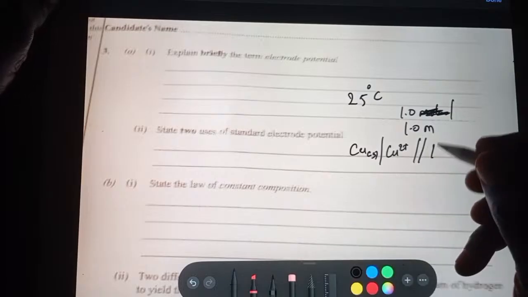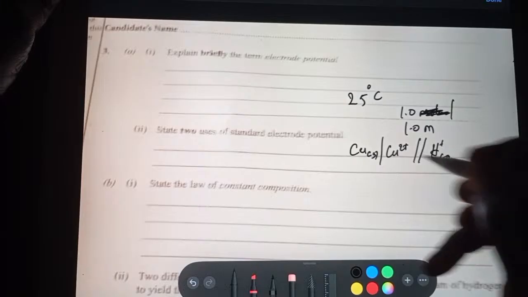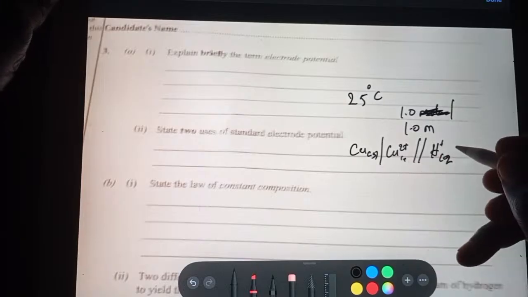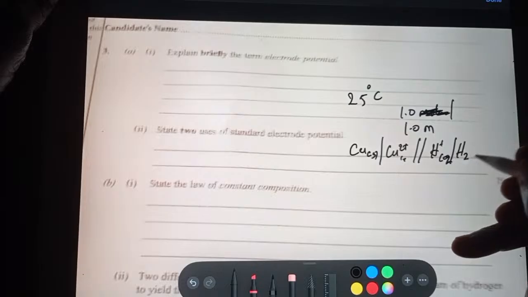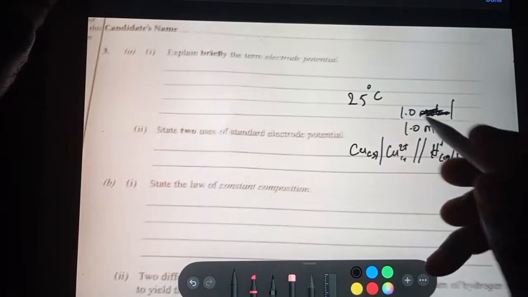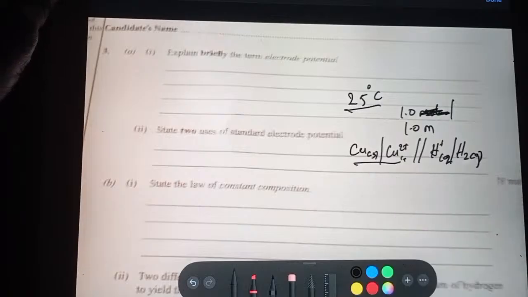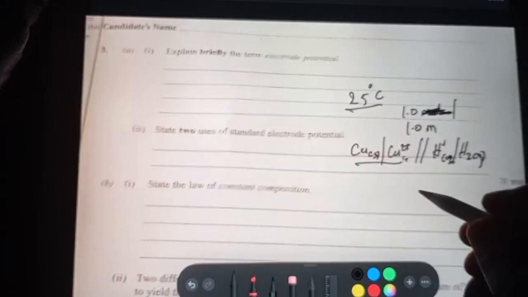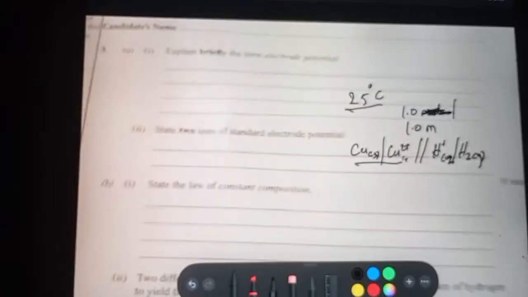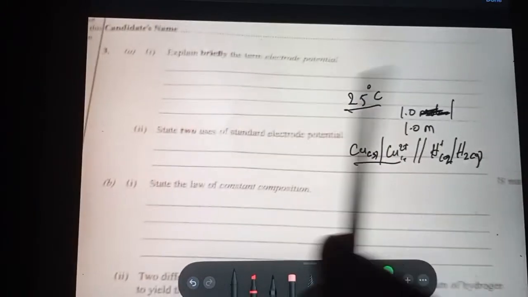Versus now hydrogen ion, which is aqueous. This one is aqueous, and hydrogen gas system. And the temperature is 25 degrees, and the solution of this is 1 mole per dm cube. Whatever the EMF reads is called standard electrode potential.